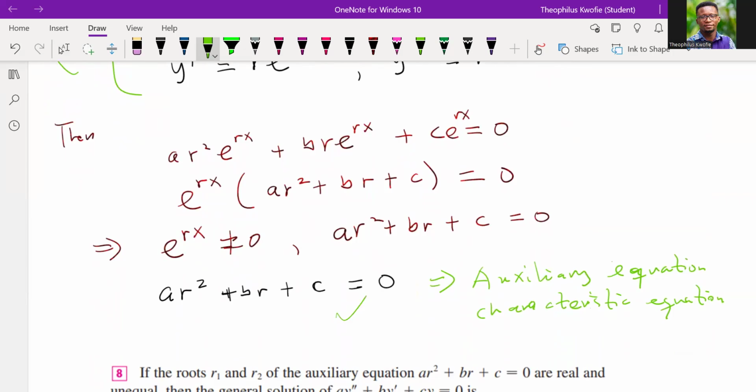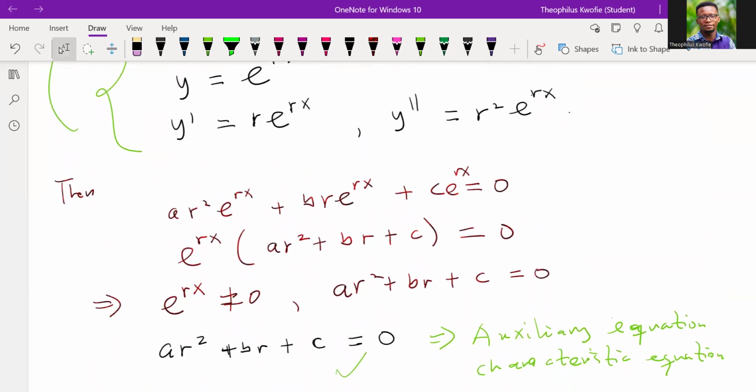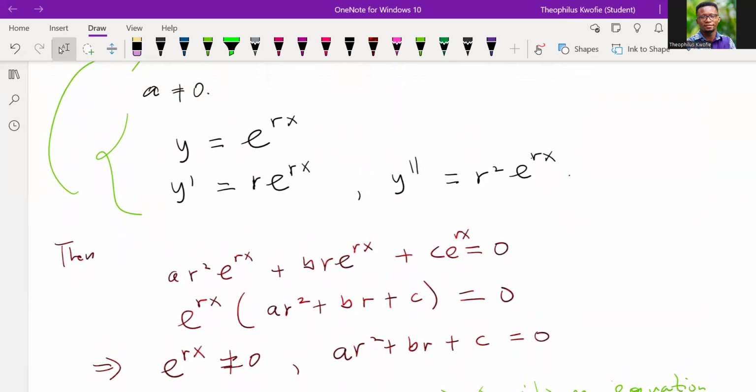So if r is a root of this auxiliary equation or characteristic equation, then we claim that y equal to e to the power r x is a solution. Very good. So let's take note of that. It's important that we understand this.